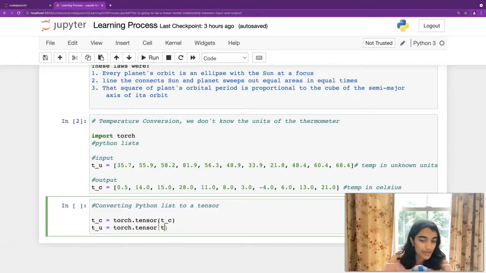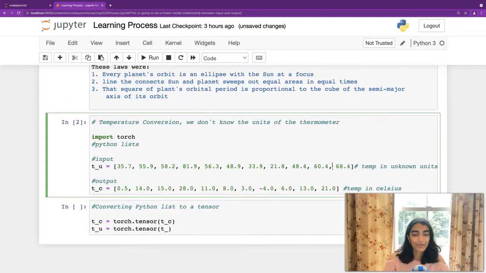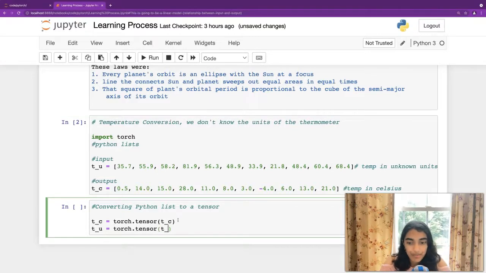So that's why Python stuff isn't that great. So we're going to be using tensors. That's the common way to deal with this sort of data. Although this isn't that massive, it's just a regular list, when we have real data you can really see the difference.